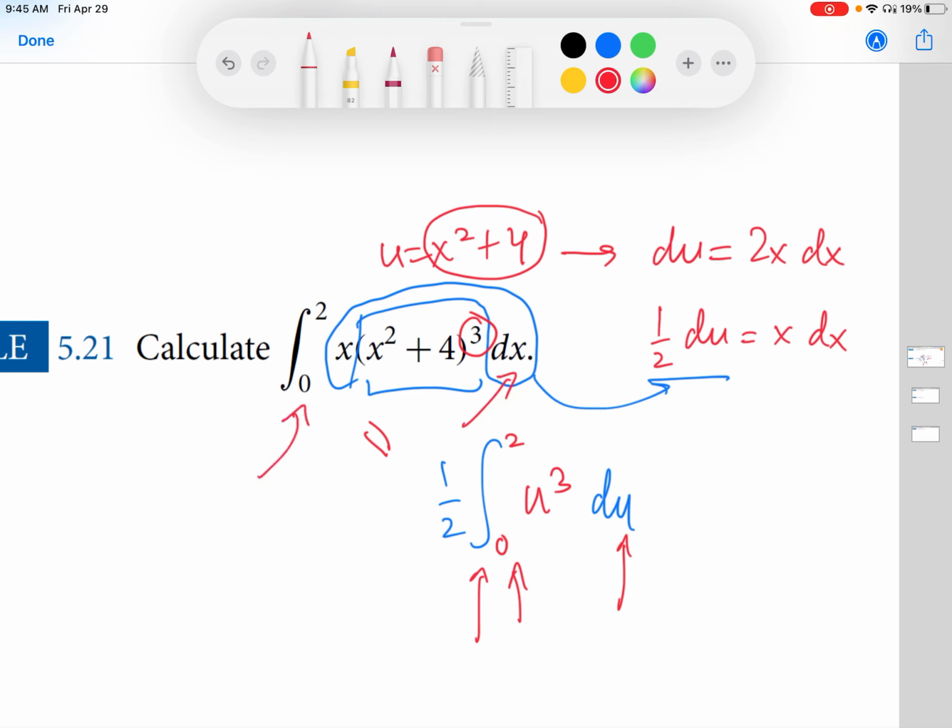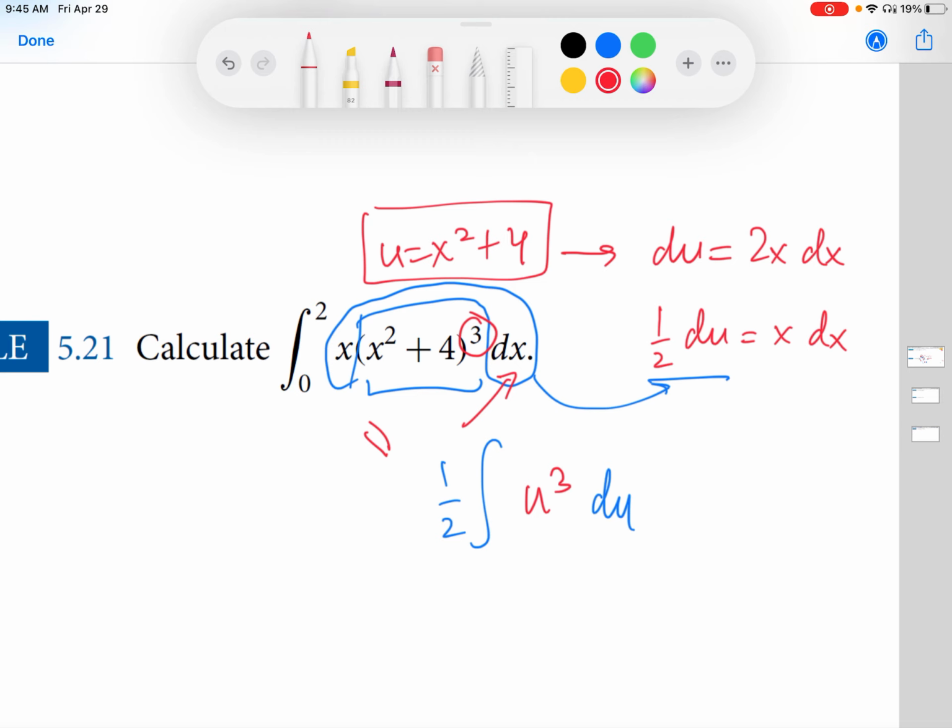But that's not true, because if we look at our original substitution up here, when u is 0, x is not defined. X squared plus 4 is never 0. So that's kind of math telling you that there's something going wrong here if I add the 0 here, and also you'll figure out that when u is 2, x is not 2 either.